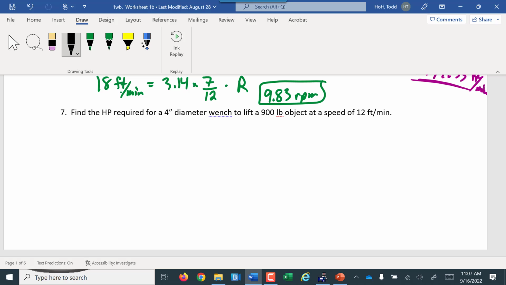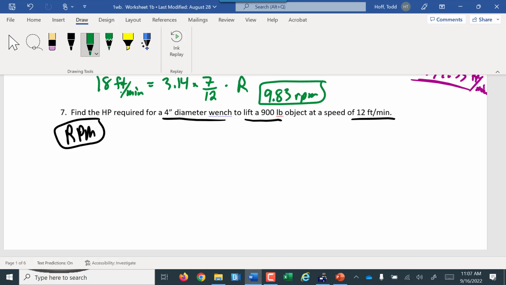So now we want to combine some of the stuff from the last worksheet where the torque created, capability of the motor, all of that come into play. So we're looking at a 4-inch diameter winch. We want to lift a 900-pound object at a speed of 12 feet per minute. So to solve this, the first thing we need to know is the required RPM, which is what we just did up above.